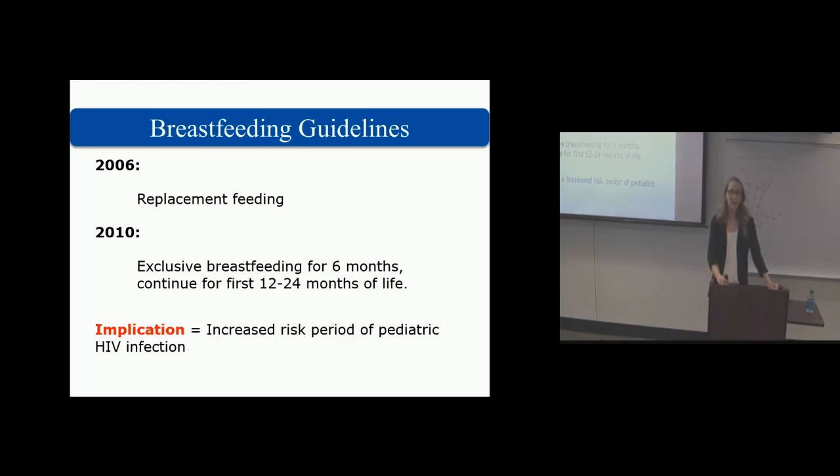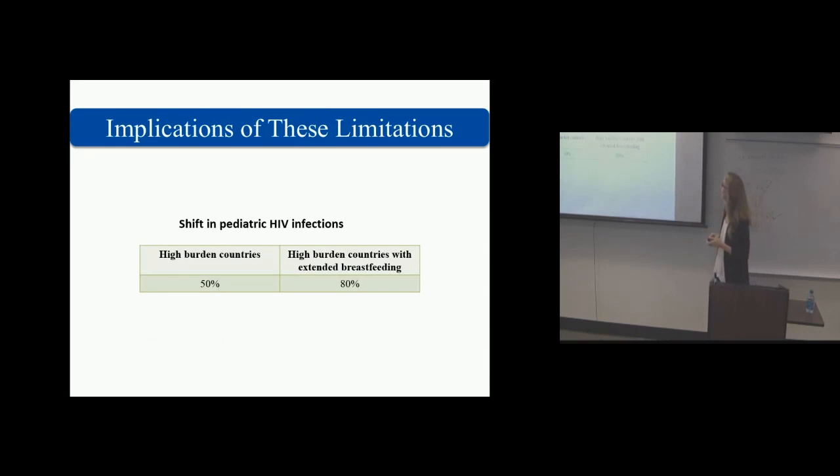Now, in 2010, the guidelines changed due to some pretty significant findings that it's better to take the risk of transmission and go ahead and breastfeed because more of those infants were dying of diarrheal diseases. So they changed, and so now mothers are encouraged to exclusively breastfeed for 6 months and continue through the first year to 2 years of life. So the implication is now the risk period, where before 2010 was very minimal, now it's long. Now you remember there's only those 2 testing time points, so keep that in mind.